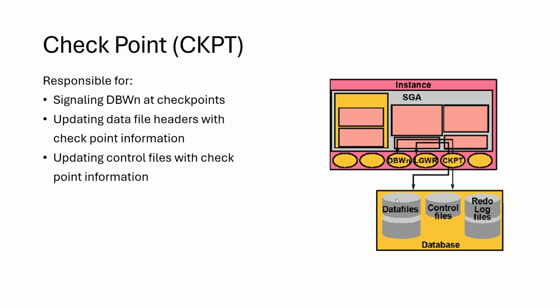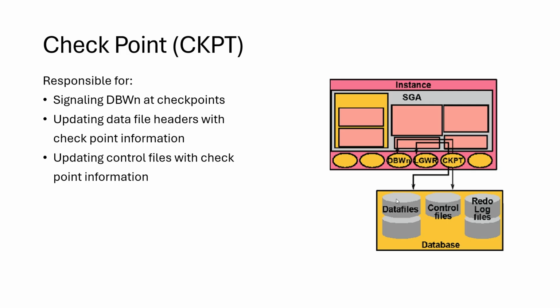If the data files and control files are not updated, then your database would be in an inconsistent state. When the checkpoint is not updating your data files and control files, your database will be in an inconsistent state, and at that time recovery of your database won't happen properly during a crash.